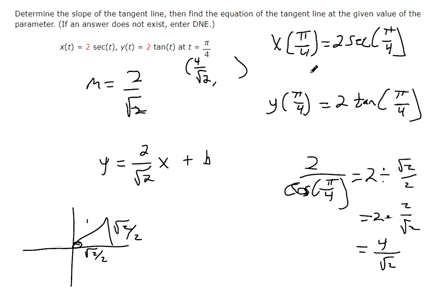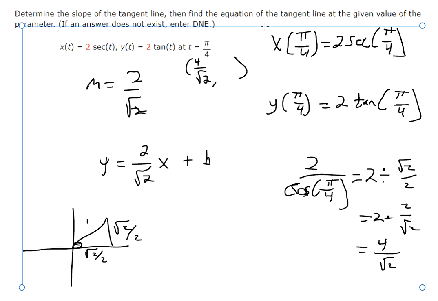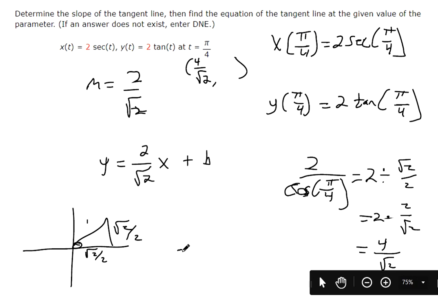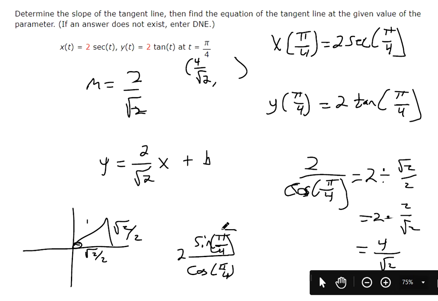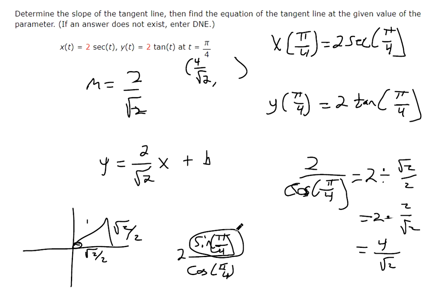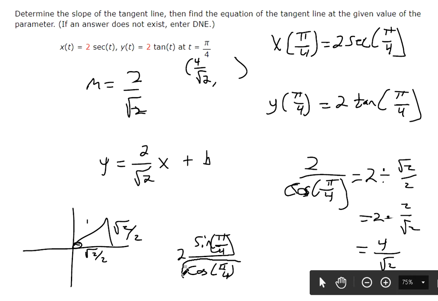And for the y coordinate, tangent pi over 4, that's going to be 1, and I can show you why, because tangent pi over 4 is sine pi over 4 over cosine pi over 4. We already saw that sine pi over 4 was square root of 2 over 2, and cosine pi over 4 is square root of 2 over 2, so it's the same thing divided by itself.